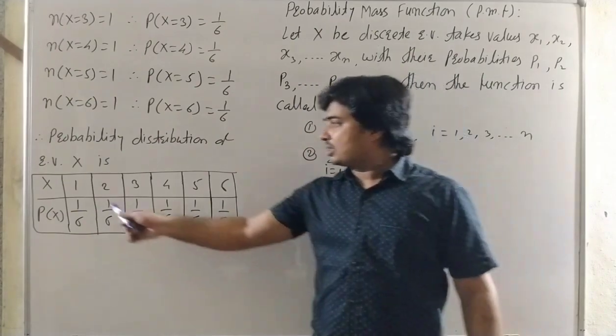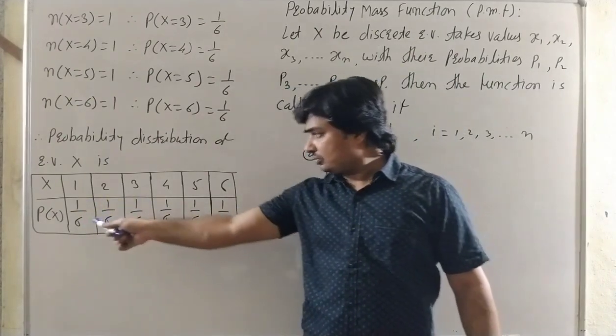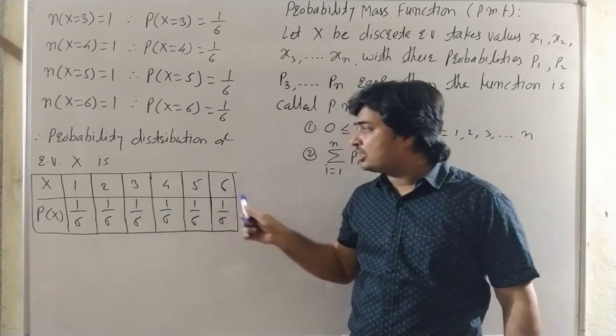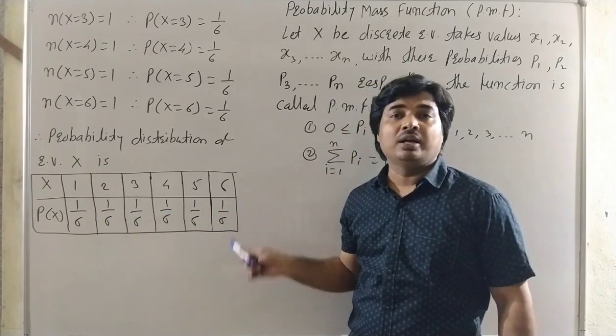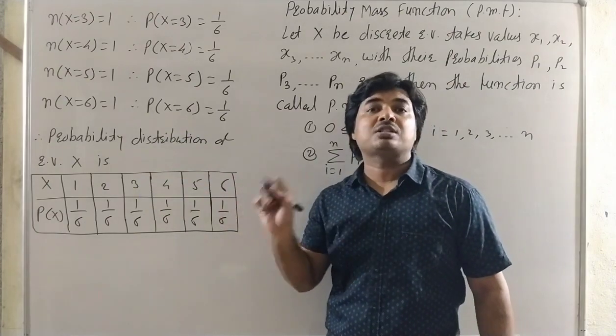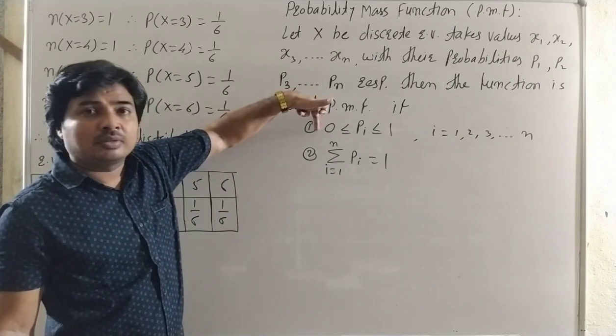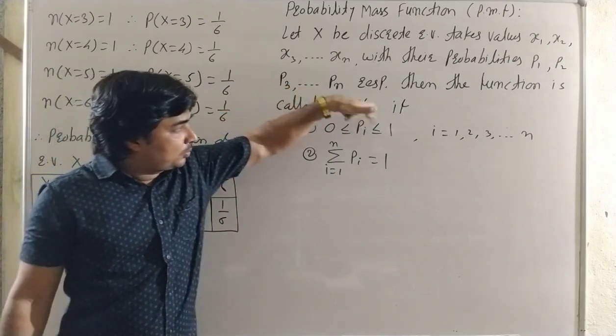In our last example, when we add all the probabilities, it will be 6 by 6, that means 1. That means this function is a probability mass function. Here the condition of probability is satisfied.